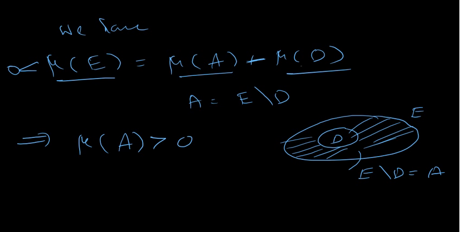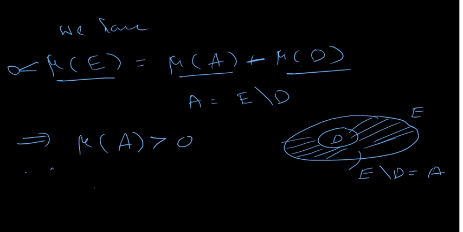Next we show that every subset of A has non-negative measure. If you take any member F of sigma, we show that mu of F intersection A is greater than or equal to 0. So let F belong to sigma. Let's try to prove this.